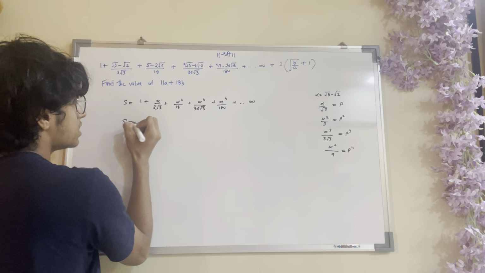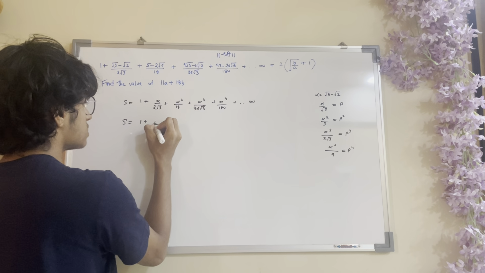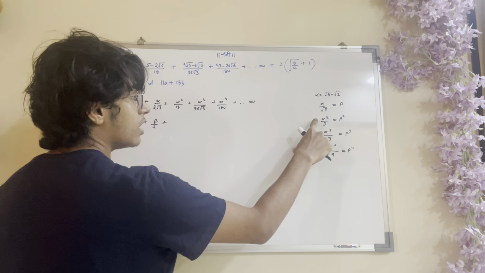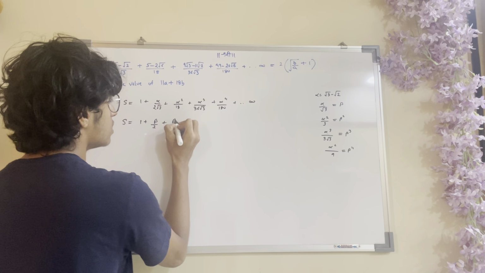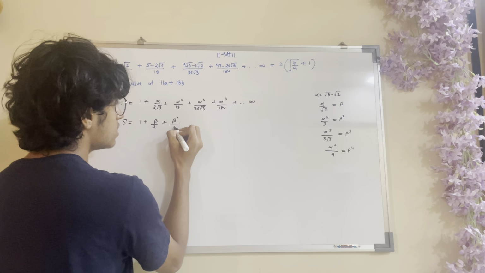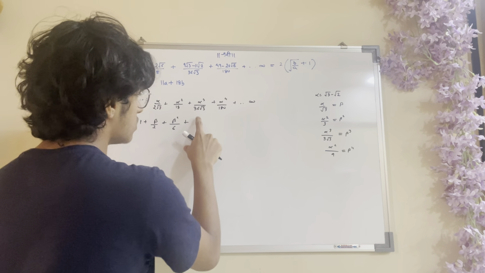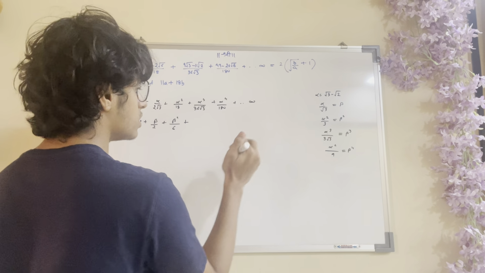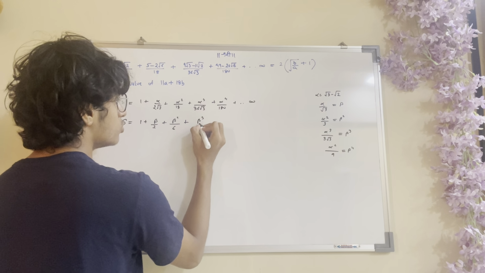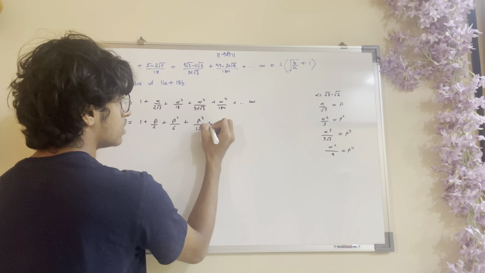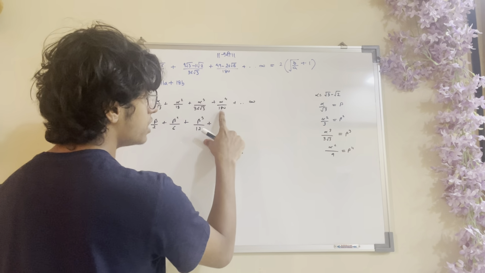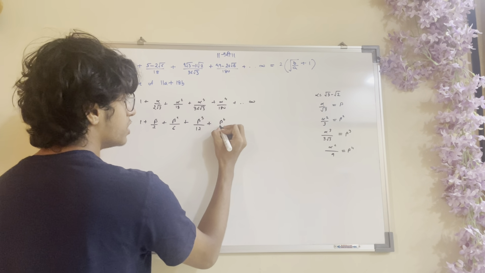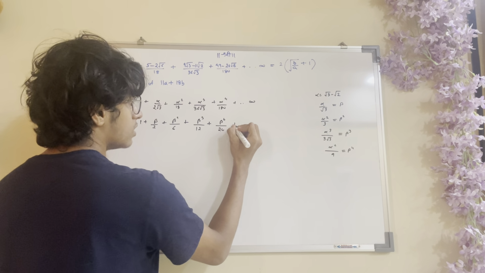So writing the series in terms of beta, we have 1 plus beta by 2 plus beta square by 6. Now 36 root 3 can be written as 12 into 3 root 3, which will give us beta cube by 12. Alpha power 4 by 180, 180 can be written as 9 into 20, so this is beta power 4 by 20.